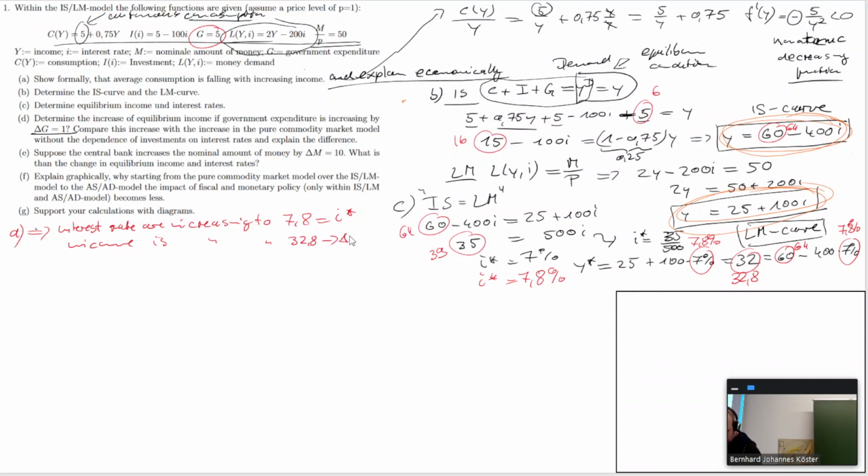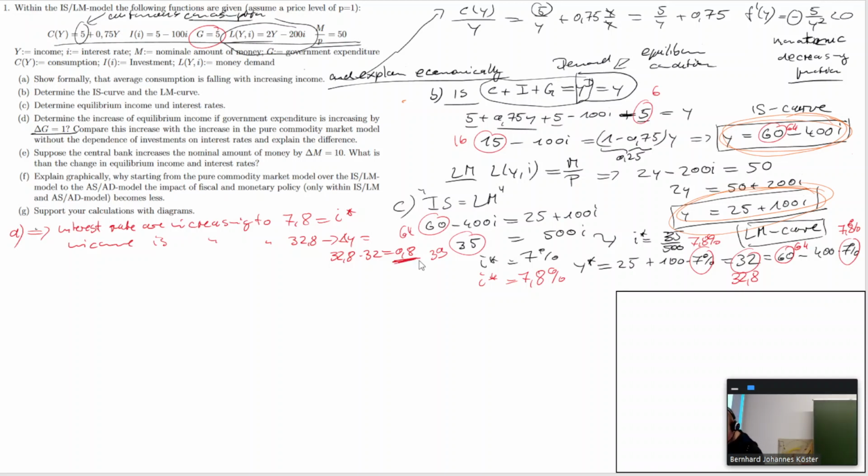So delta y is 32.8 minus 32 is 0.8. We have a push via fiscal policy of 0.8.